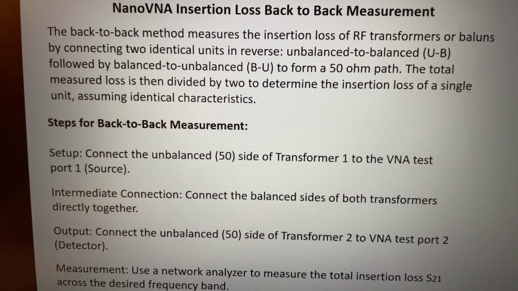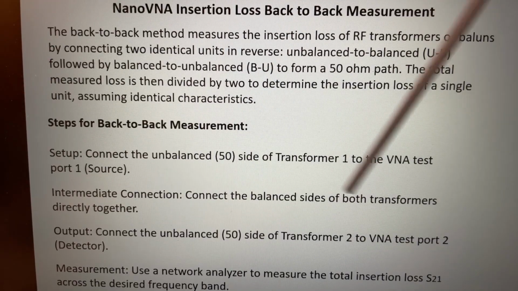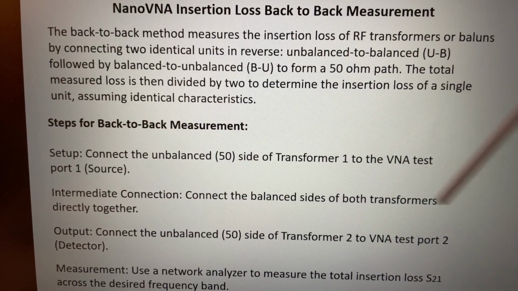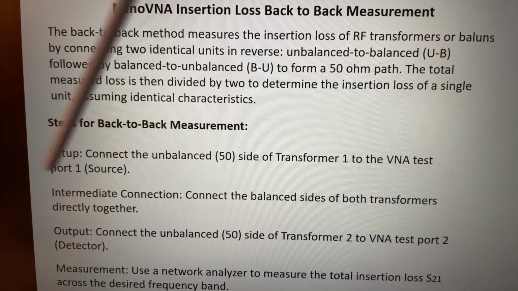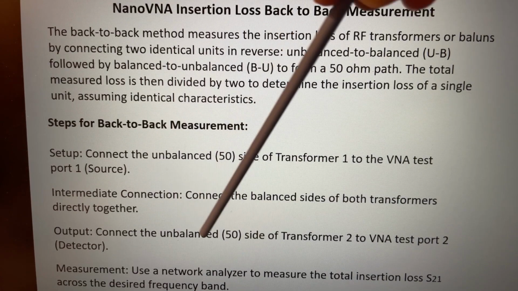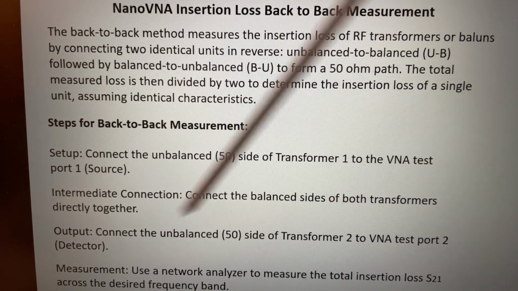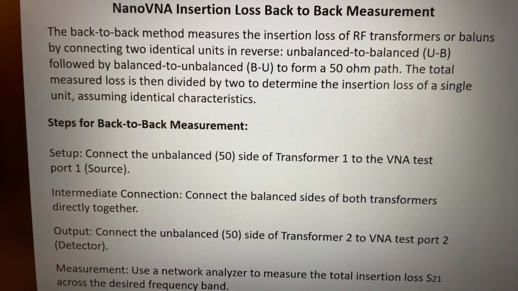And that's our 50 ohm path. And here's the step-by-step procedure. We connect the unbalanced side to port 1, 50 ohms. The intermediate connection of the two balanced sides is connected directly together. And then on the output, we take the unbalanced side, 50 ohms, to port 2. This is what we need to do with any VNA, since we want to look at the unbalanced signals.